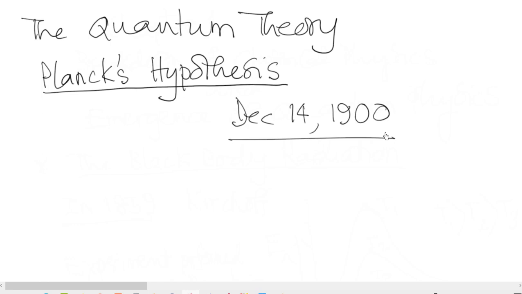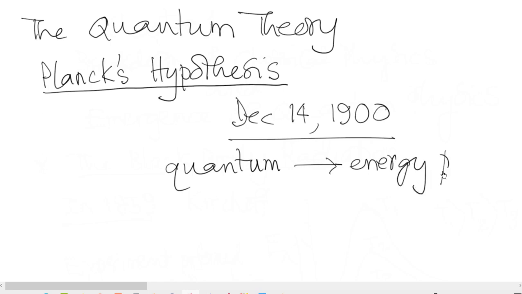According to this new theory, an oscillator absorbs or emits radiation discontinuously in the form of energy packets called quanta. Quanta may be considered as behaving like a stream of particles possessing energy and momentum.